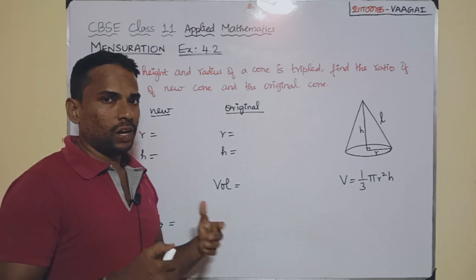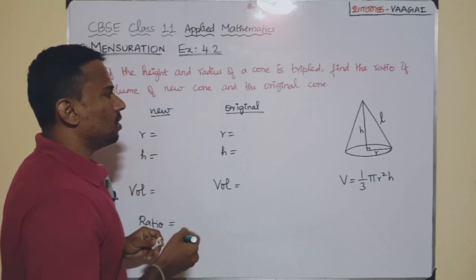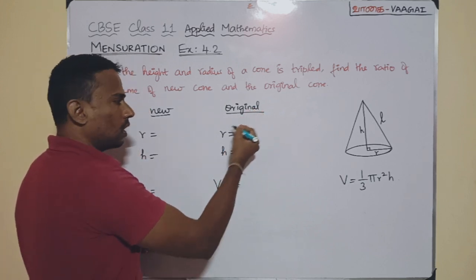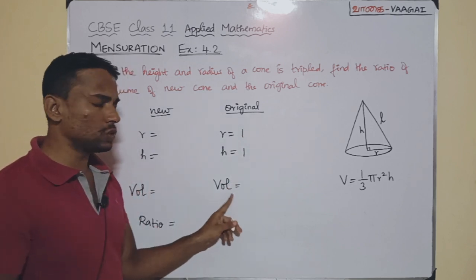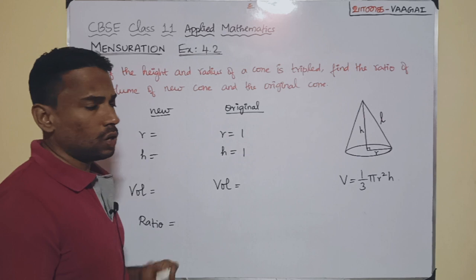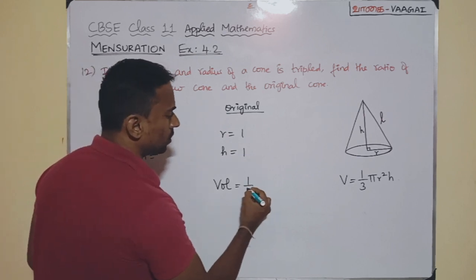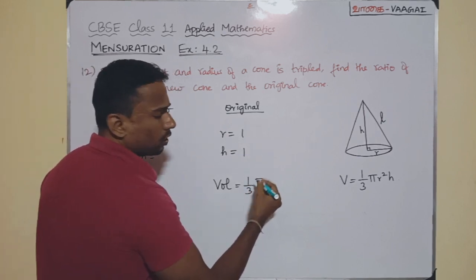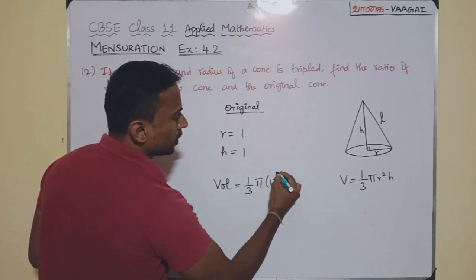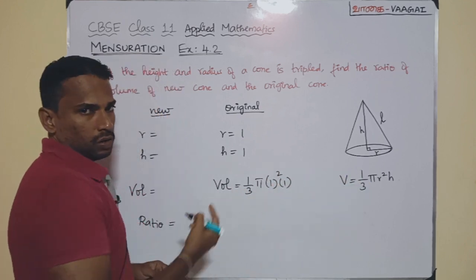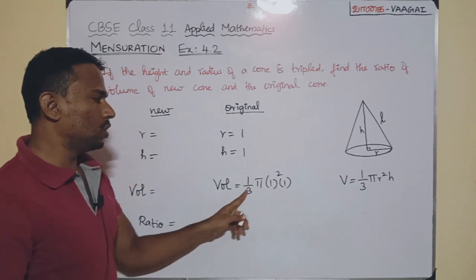We'll make the values very easy. I'll take the original cone's radius to be 1 and height also as 1. So the volume of this cone will be 1 by 3 pi r square h, that is pi 1 square into 1. This will be the volume of my original cone.